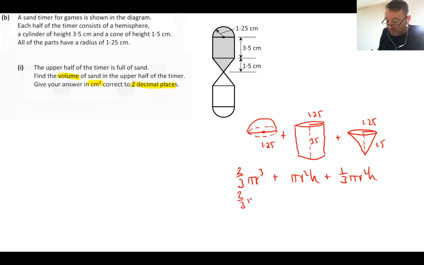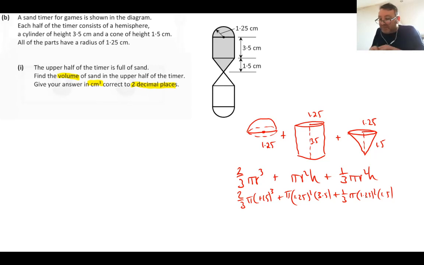2 over 3 pi by 1.25 cubed, plus pi times 1.25 squared times 3.5, plus a third pi by 1.25 squared by 1.5. Now again, just substitute into the formulas and get the calculator to do the rest.